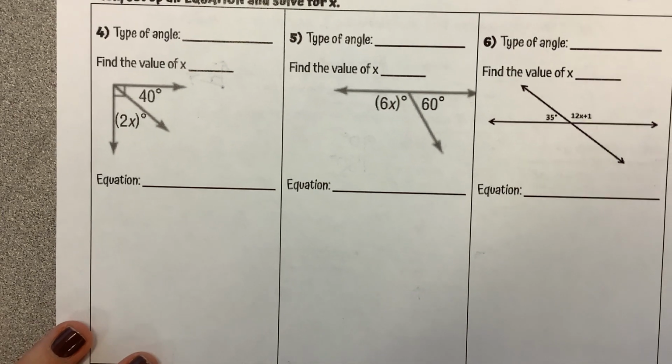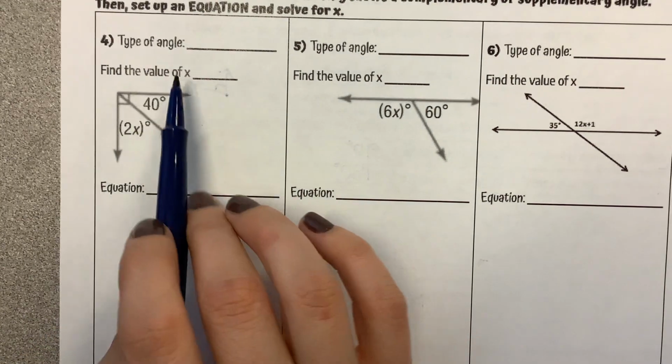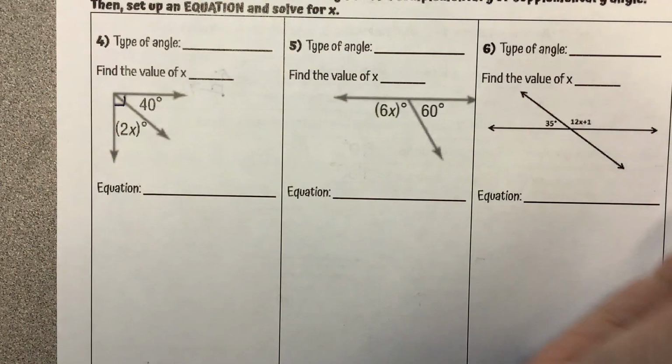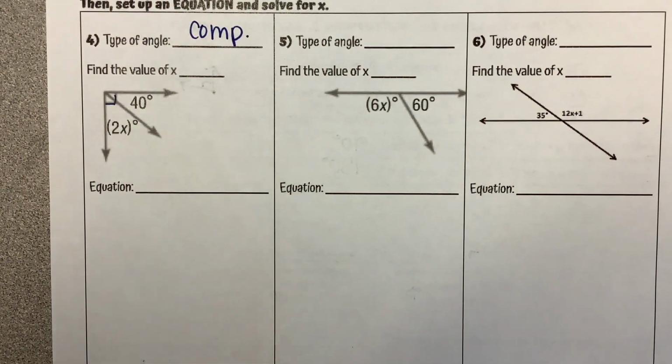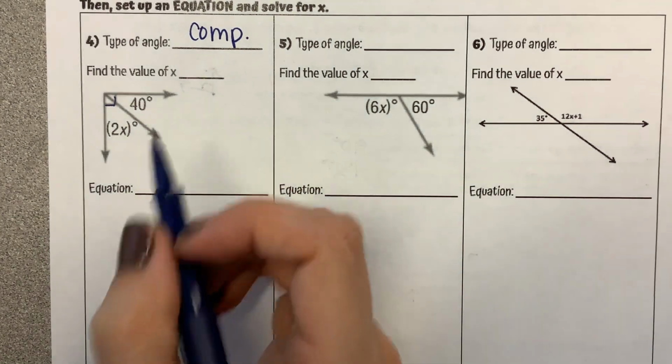Let's add in some algebra problems here. So still gonna figure out what type of angle we're talking about. We see our 90-degree symbol here, so they are complementary. We're gonna find the value of x. Well, let's figure out the equation here.